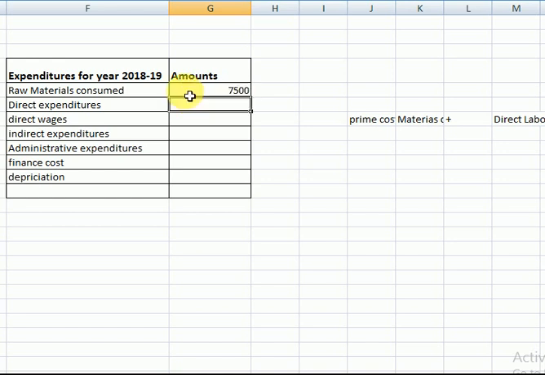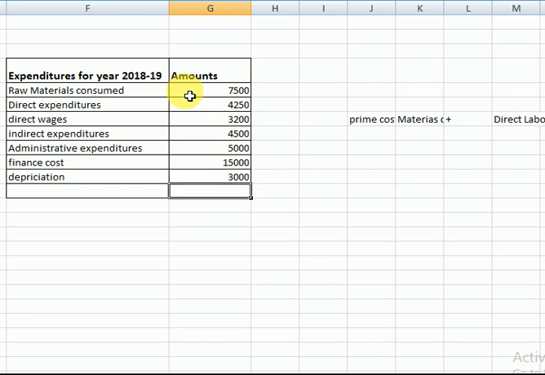The amounts are in millions: 7,500 for raw material consumed, 4,250 whatever the value you are given, direct wages of labor let's suppose 3,200, indirect expenses 4,500, administrative expenses let's suppose 5,000, financial cost 15,000, and depreciation let's suppose 3,000.